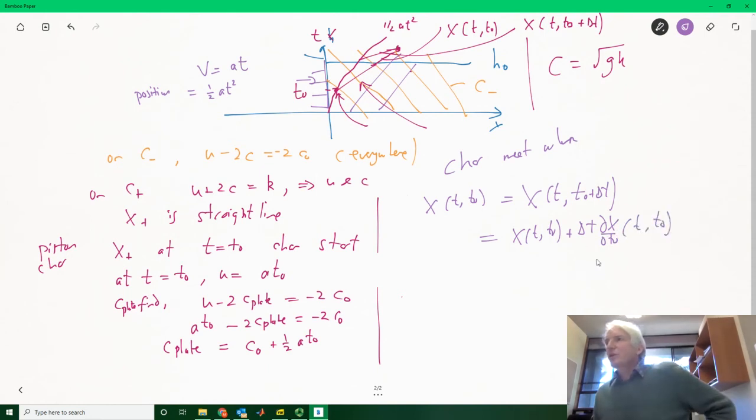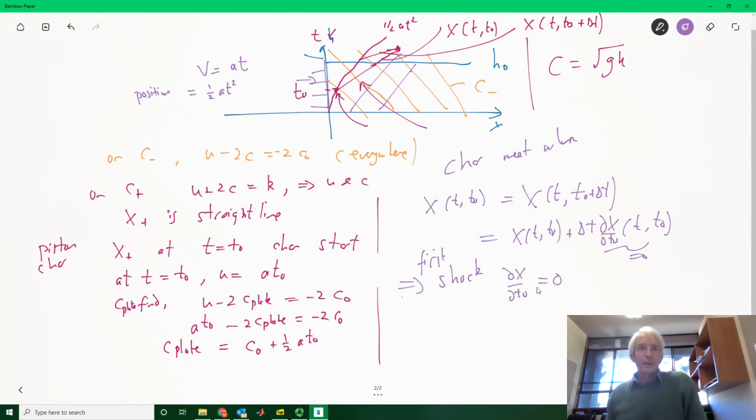And of course for these two to be equal, that has to be equal to 0. So the condition for a shock, the first shock I should say, which is the only one we're interested in, because of course the solution can't carry on past that, is when dx/dt naught equals 0.